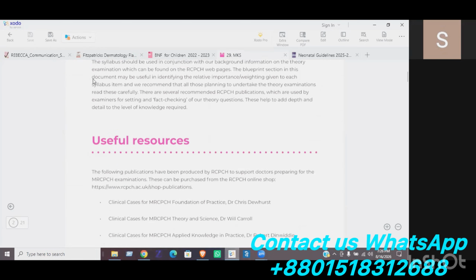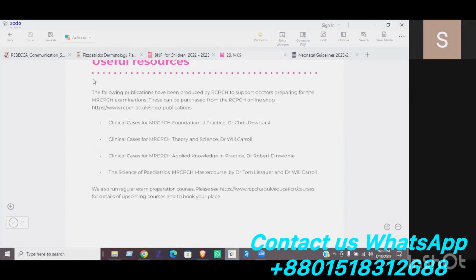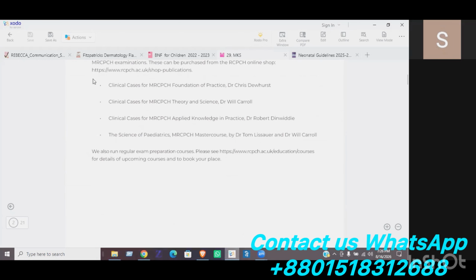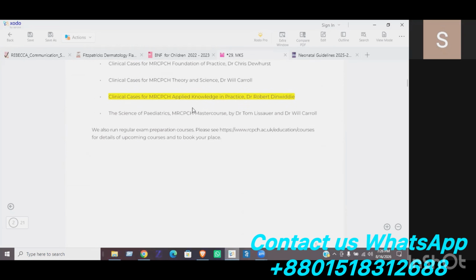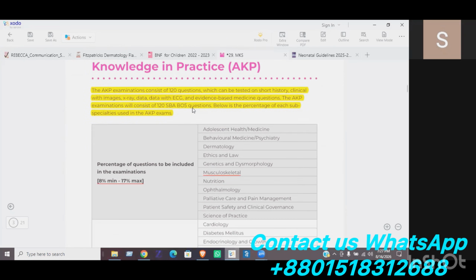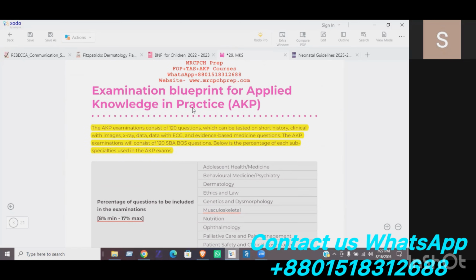This is the syllabus of the MRCPCH Part 2 exam, that means AKP. We follow these books. Recently, the AKP exam changed its question pattern: 60 questions in the morning and 60 in the evening, best of 5.